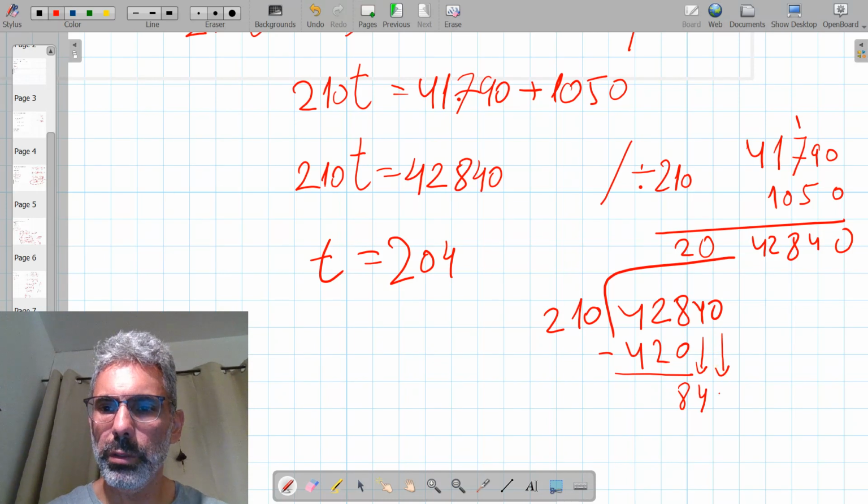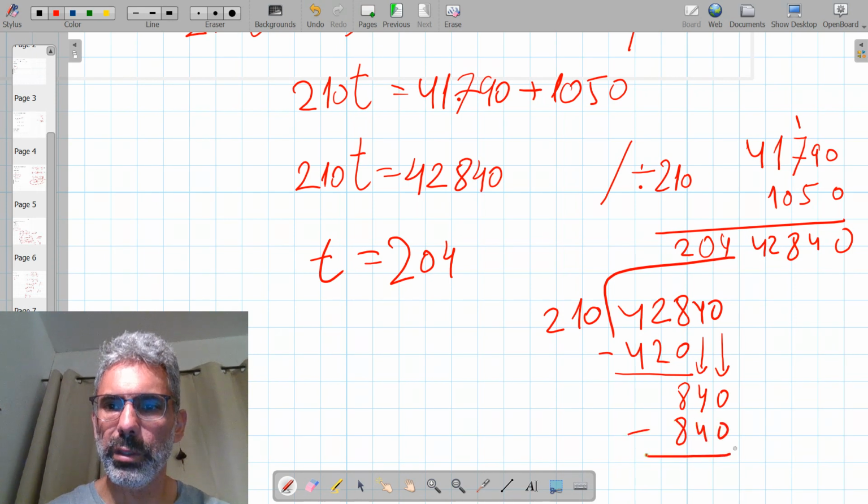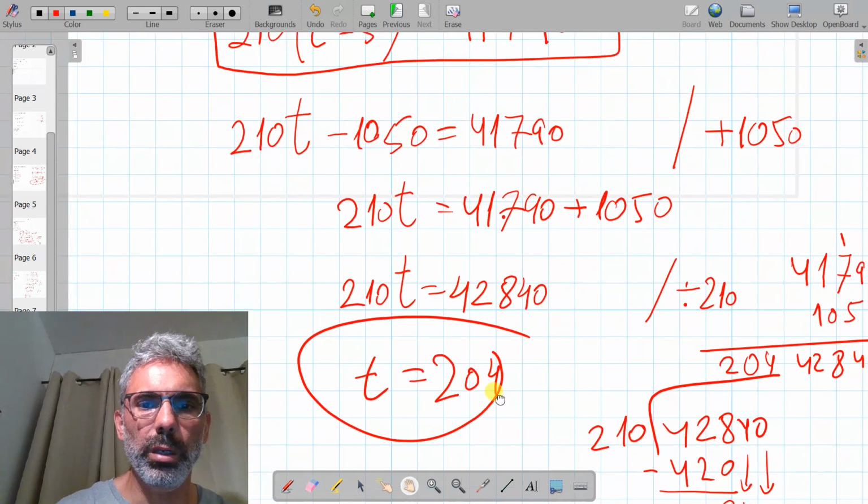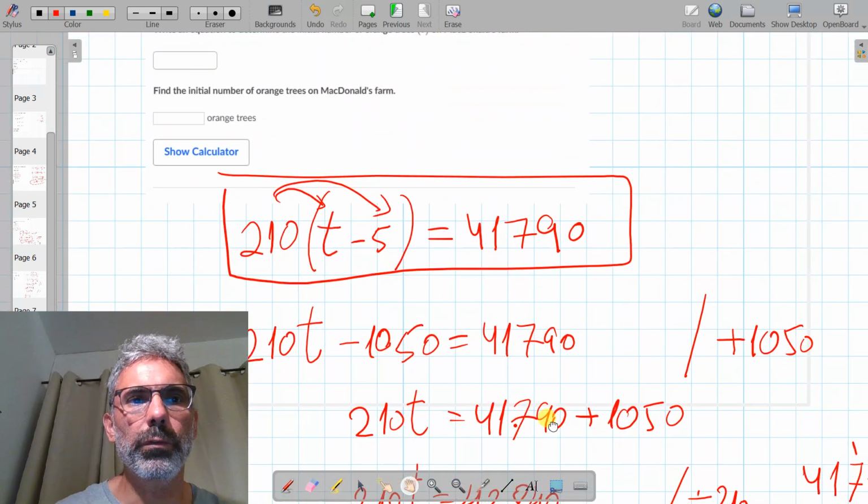And bring down this 0. 210 goes into 840 4 times. 4 times 200 is 800, and 4 times 10 is 40. So it's exactly 4 times. So T equals 204.